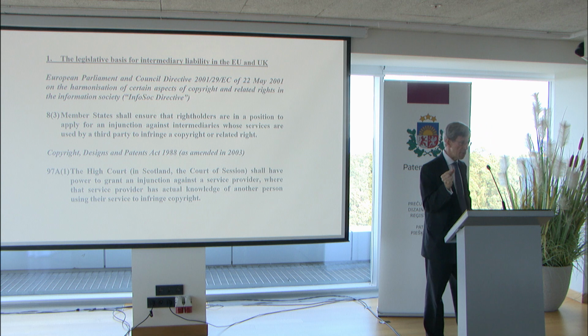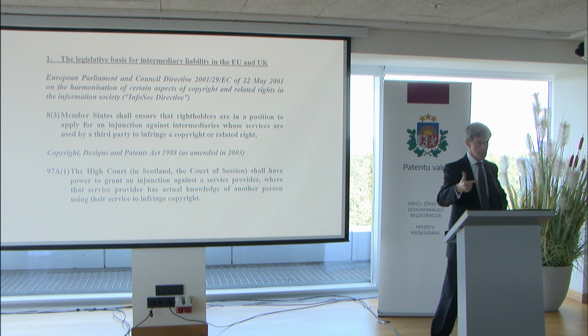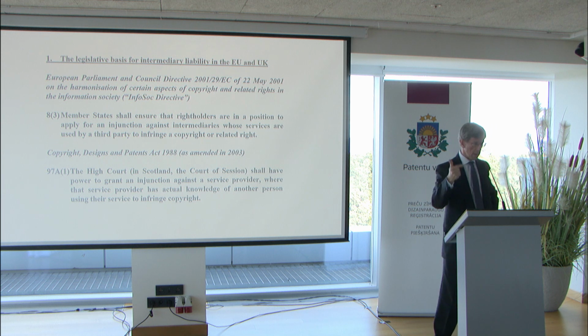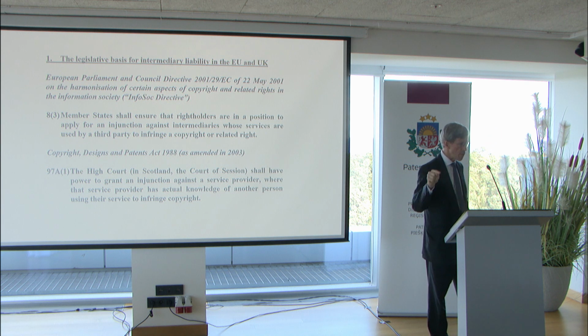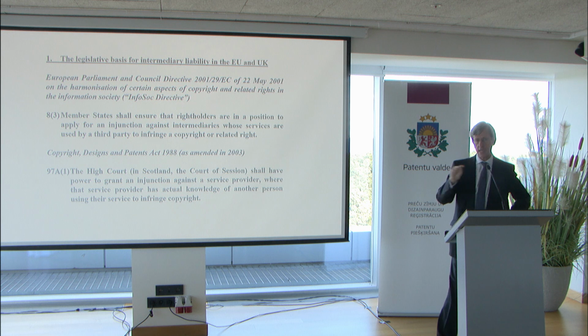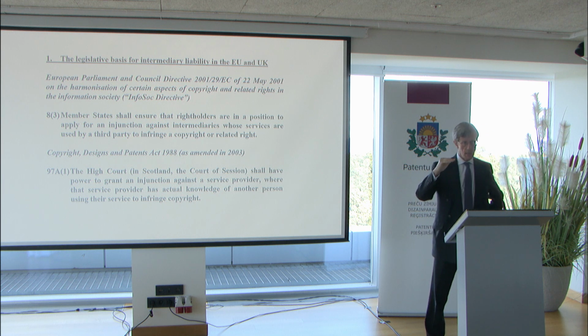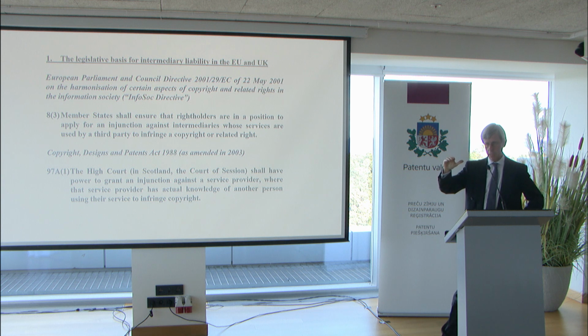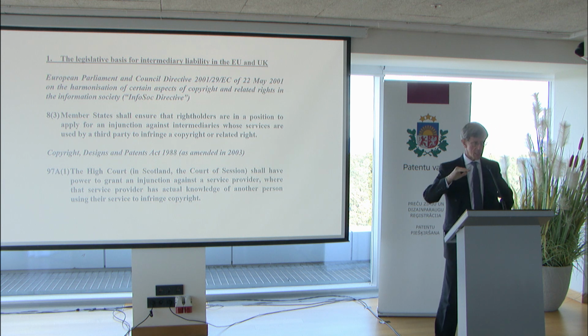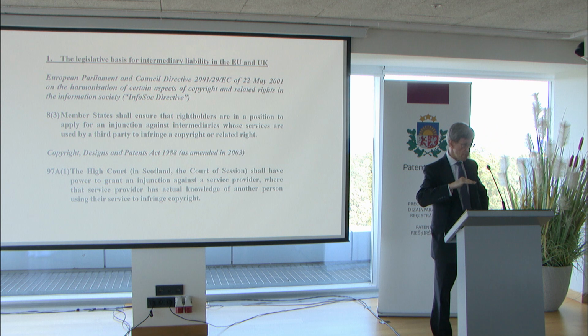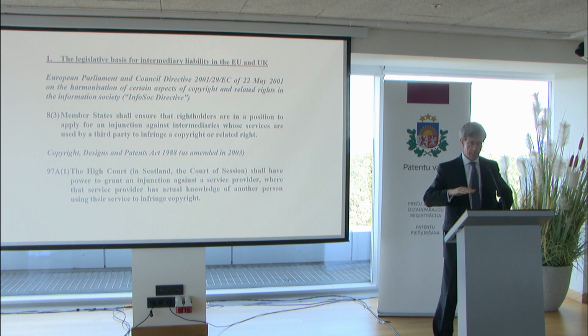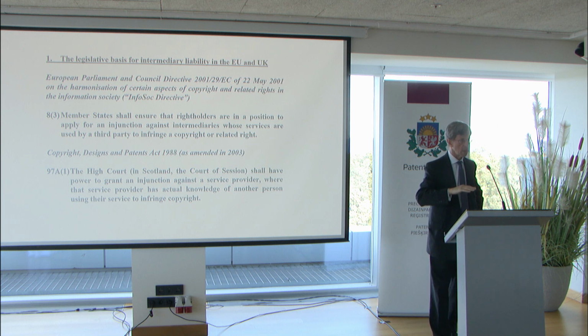So this is the liability of intermediaries, even though they are not liable either for primary infringement or as accessories. So you need to be very clear in your minds here that we're dealing with a form of liability which applies even if there is no primary infringement and no accessory liability for infringement.